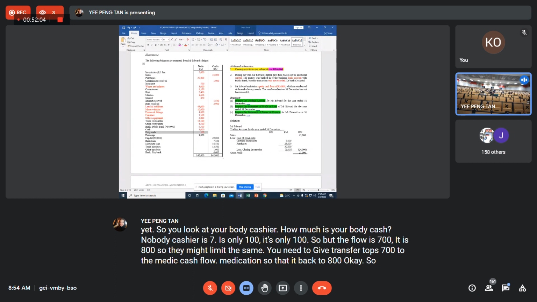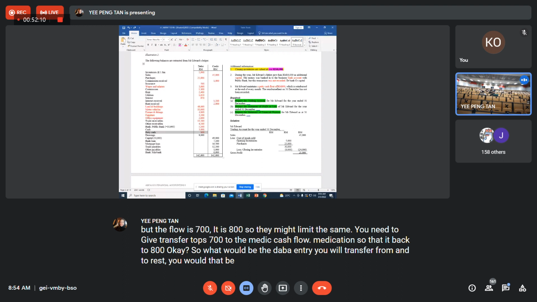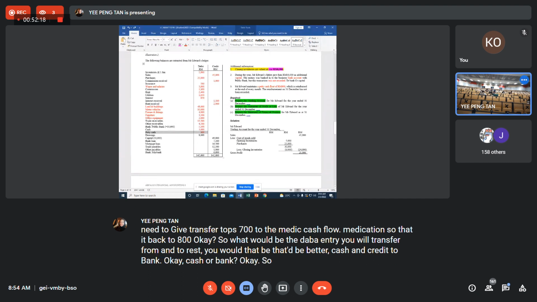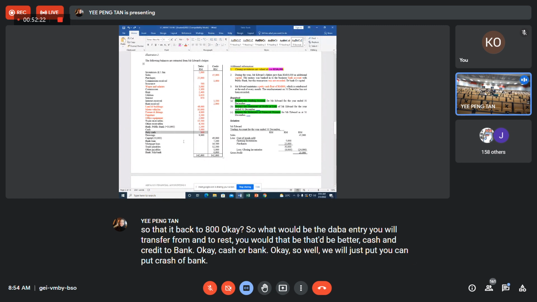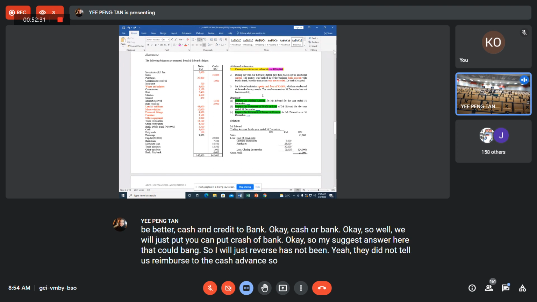Okay. So what will be the double entry? You will transfer from where and to where? You will debit petty cash and credit bank. Okay, cash or bank, you can put either. My suggested answer here puts bank, so I will just put bank. They did not tell us whether reimbursed from cash or bank, so you can credit either your cash or your bank, doesn't matter.